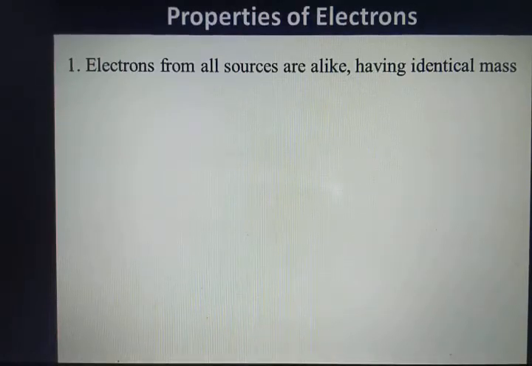Whether the substance is iron, copper, or sodium chloride, the electrons of sodium and the electrons of iron are actually the same, with no difference. So the source of the electrons becomes unimportant.